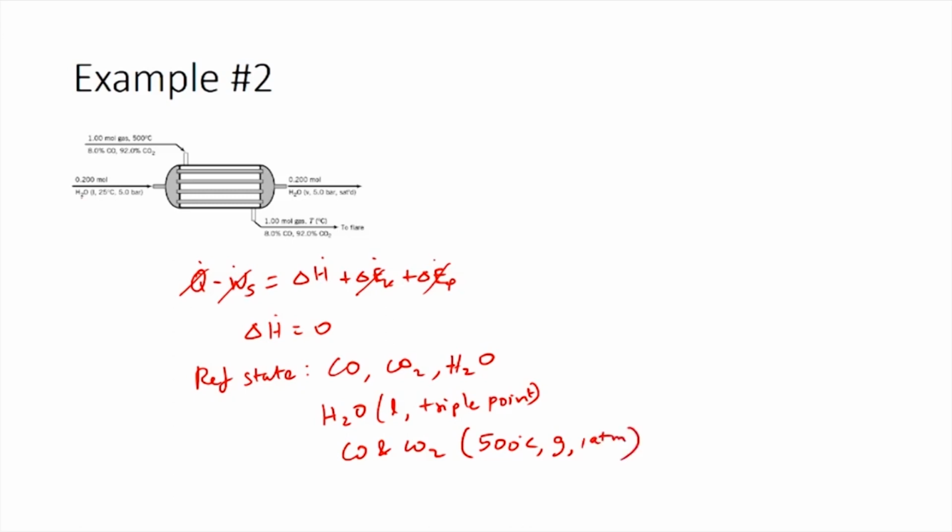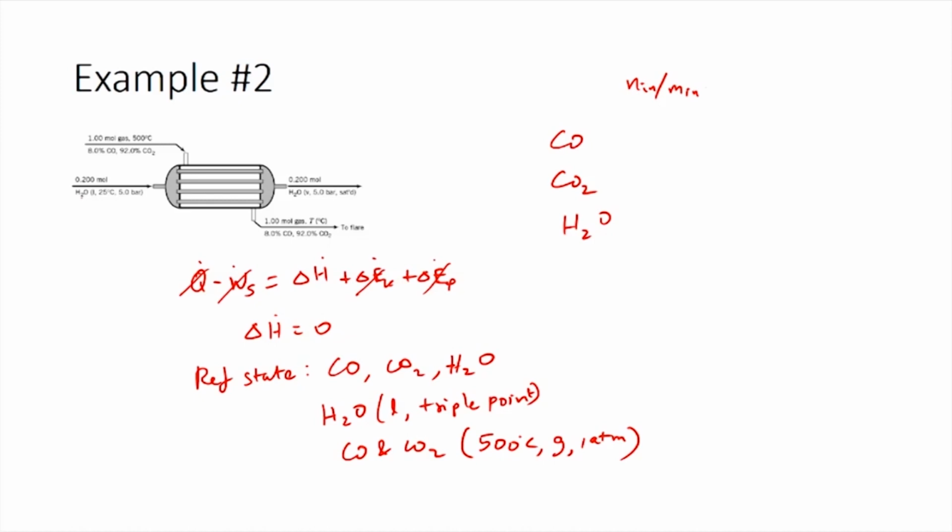Now that we have identified the reference state, the next step is to draw the enthalpy table. So, the enthalpy table for carbon monoxide, carbon dioxide and water vapor can be written. So, you would have n in or m in. I am also writing m in because the value for enthalpy given in the steam tables would be in terms of kilojoules per kilogram.